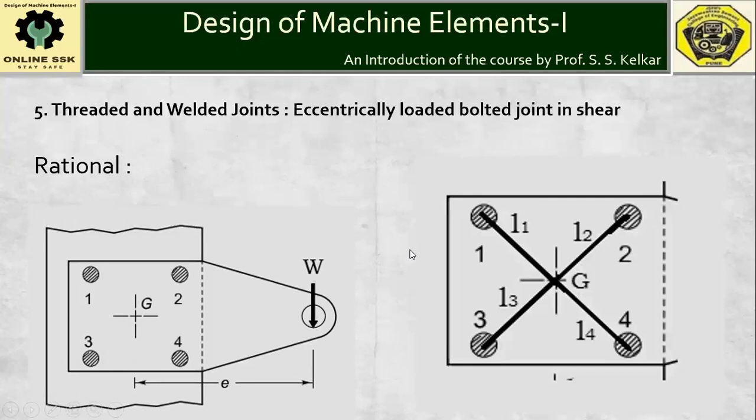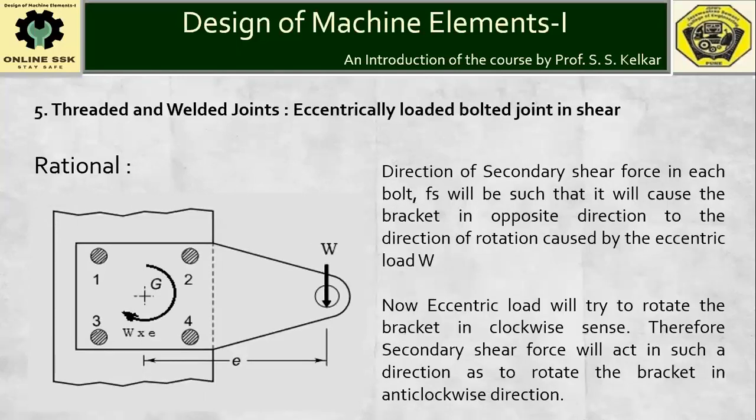So all the forces are now known in magnitude. As far as the direction of secondary force is concerned, the consideration for deciding direction of secondary force is such that, suppose the externally applied load W is causing rotation of the bracket in clockwise sense, then the secondary shear force will try to rotate the bracket in the opposite sense, that means anti-clockwise sense.